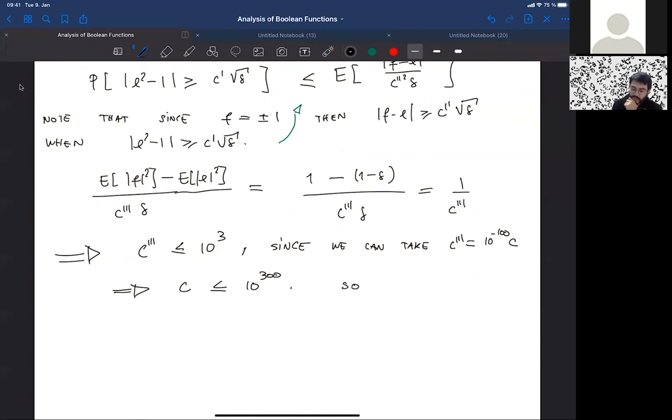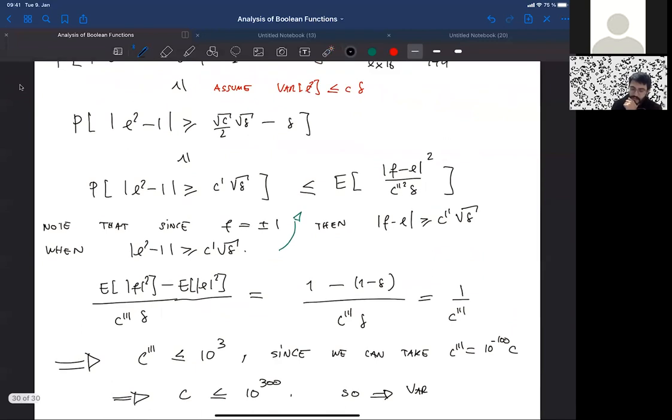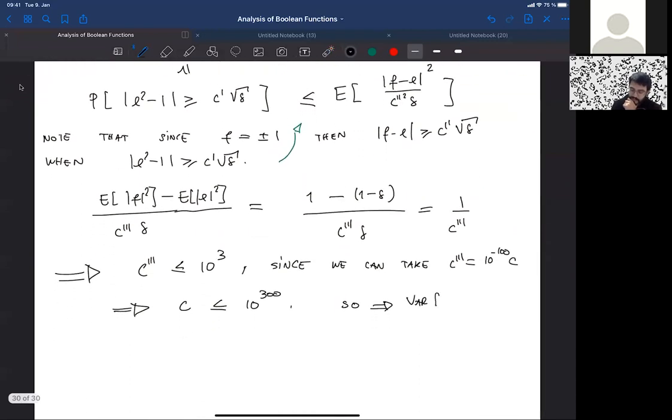So we conclude that the variation of L squared is less or equal than some humongous C times delta. And that's what we wanted to show. Of course you can make this all precise, and you can actually give an estimate for the C here, and I will leave that as an exercise. But this is more or less the idea of the proof.